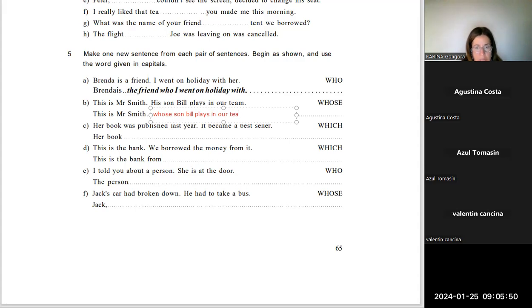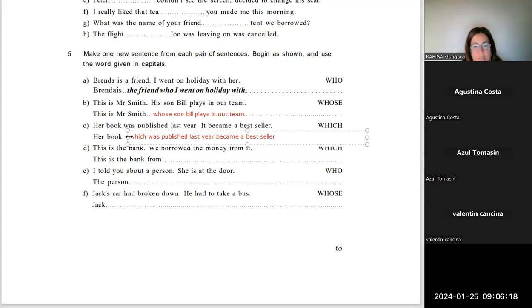Very good. Her book was published last year. It became a bestseller. Her book, which was published last year, became a bestseller. Very good.